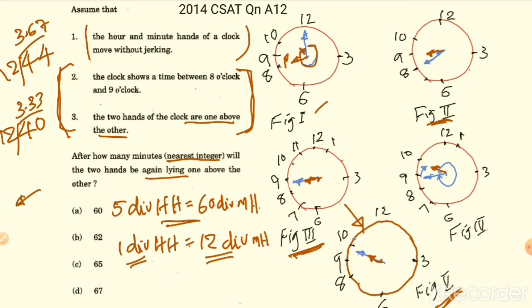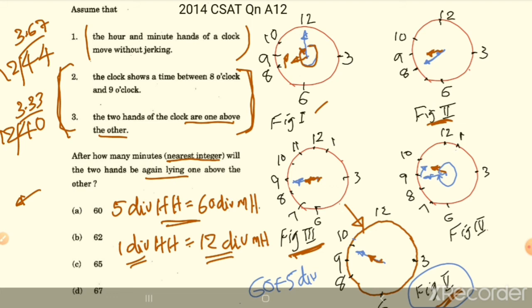So the hour hand will be at almost the same position. So after 60 plus 5 divisions of minute hand, the minute hand comes upon the hour hand again as in the figure 5. So our answer is option C, 65.